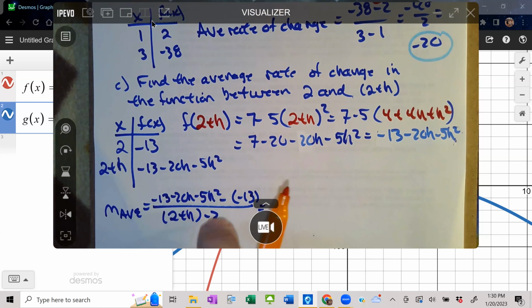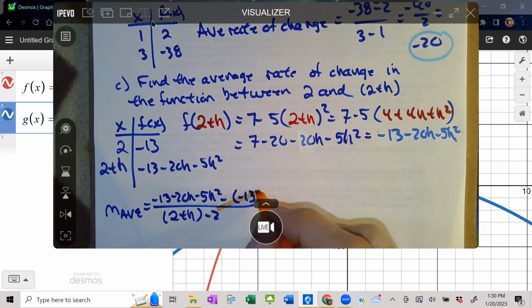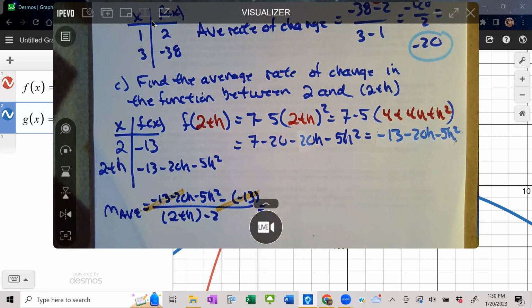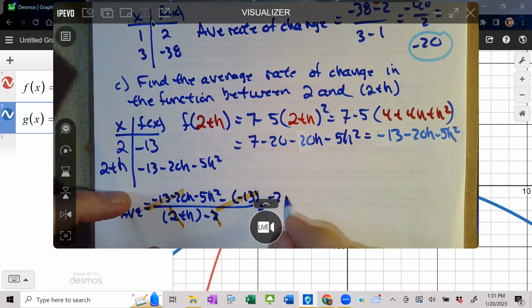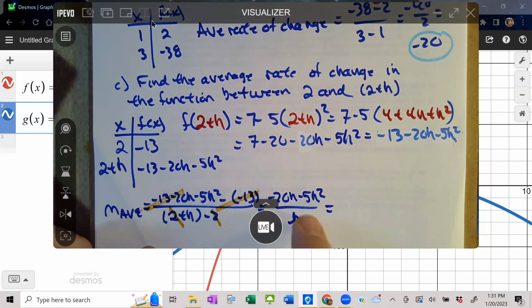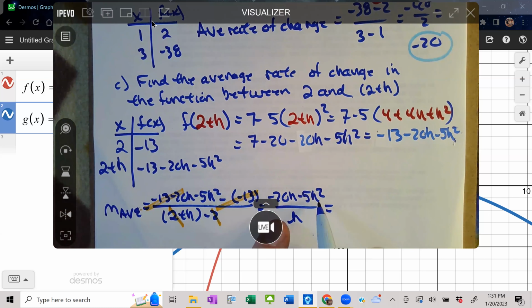Negative 13 plus 13, those cancel. How about the denominator? Well, 2 and 2 cancel. So negative 20h minus 5h squared over h. Don't cancel this h into this h, or this one into this one. My suggestion would be to factor out the h from the numerator, h times negative 20 minus 5h.